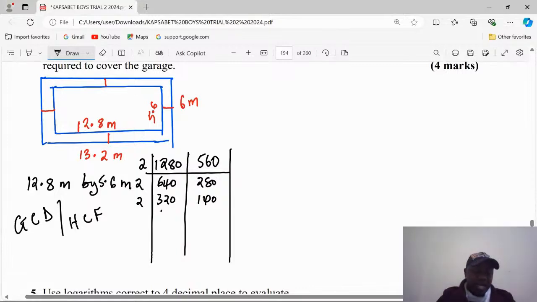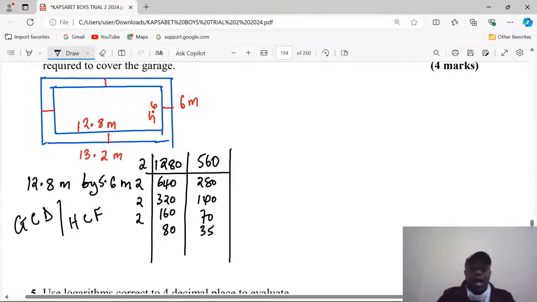When I divide 640 by 2, 320. By 2, 160. My brain is tired. This will be 70. Then we can also go again by 2, so that we find ourselves at 80 and 35.